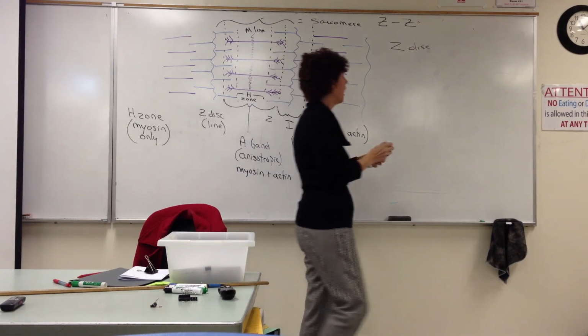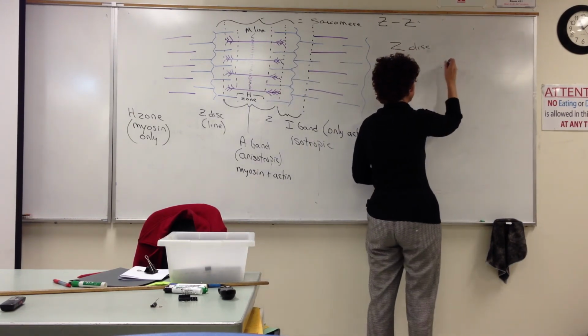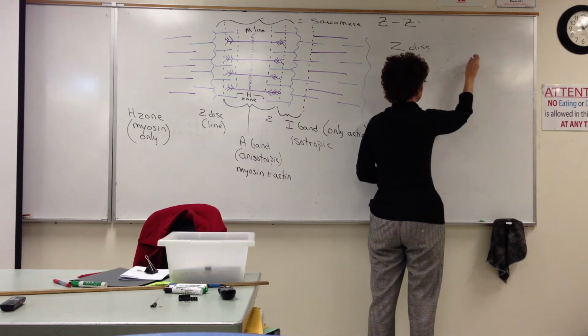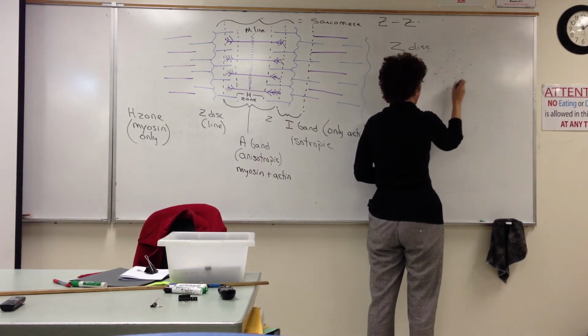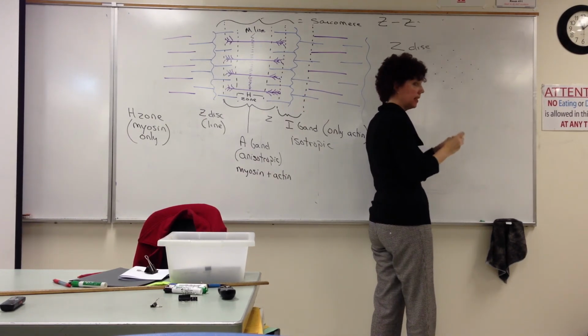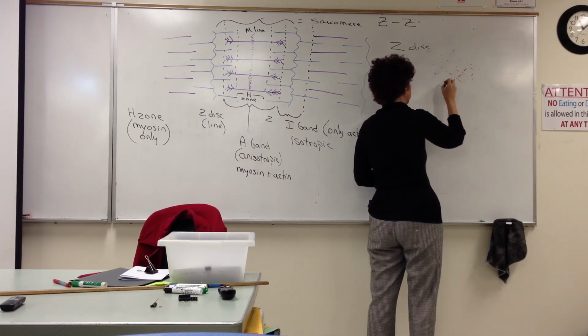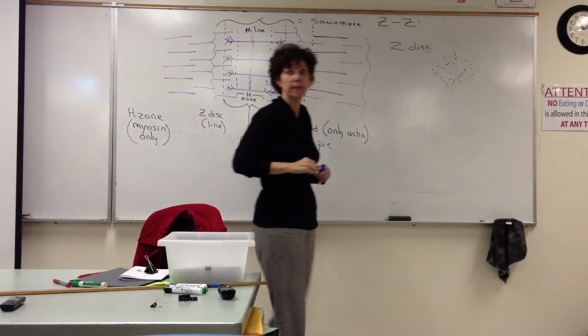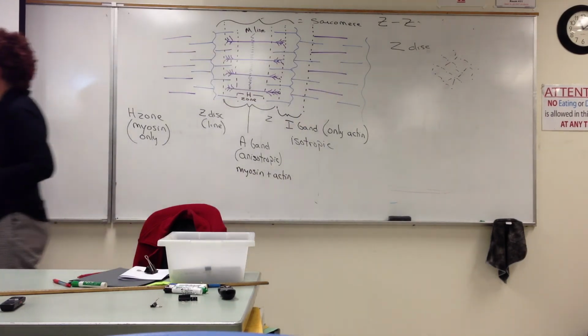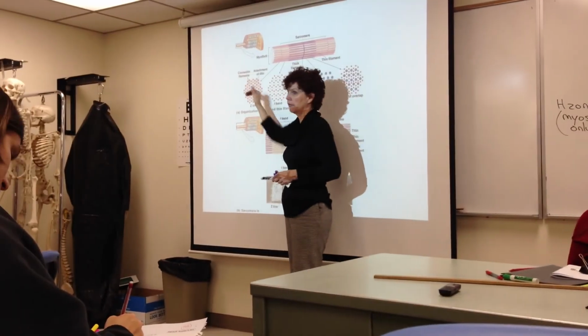No. I will see actin, and because it's the Z disc, I will see the proteins that connect the actin to each other, like that. Okay? This diagram over here.